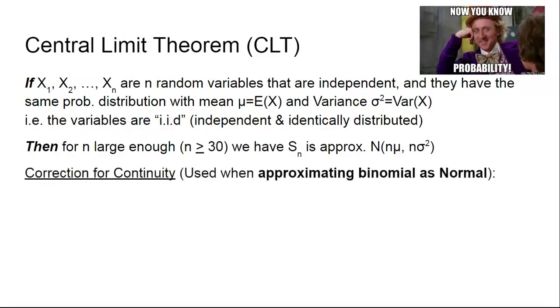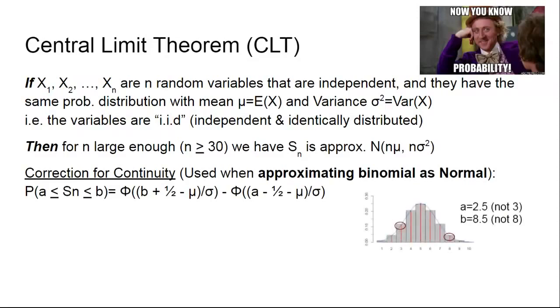Since binomials are not truly continuous, we have to add 0.5 to b and subtract 0.5 from a to correct the point so they're more precisely on the curve, as seen on the graph. This is called the correction for continuity, used when approximating binomials as normal. You can see this correction in the formula and graph.